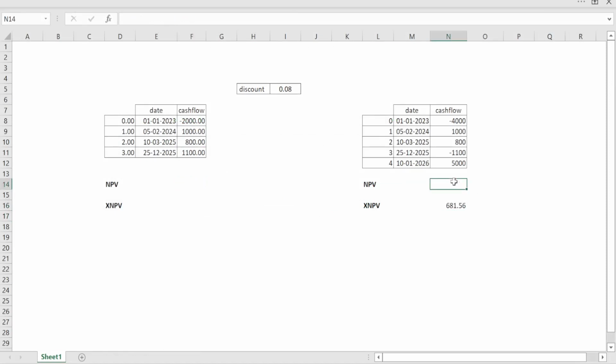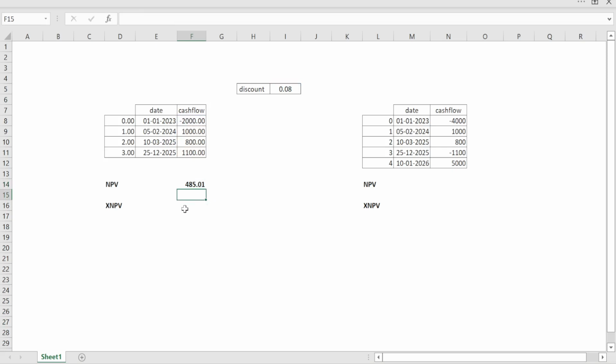Now here we write NPV, rate being this, that is 8%, and then we will take these values, close parenthesis, and we'll say plus because this figure is already there in minus, and enter. 485.01.